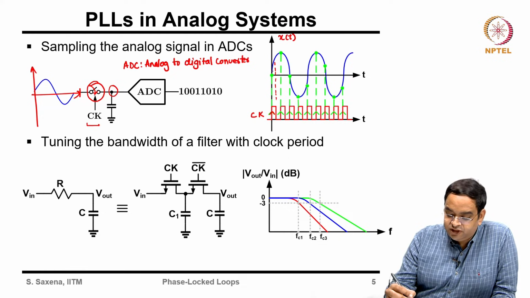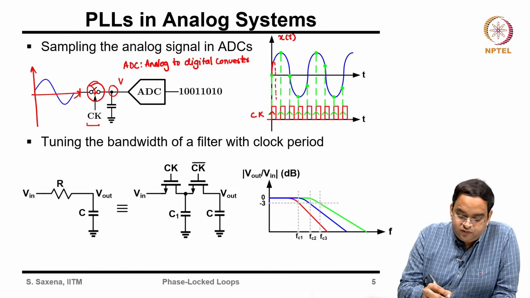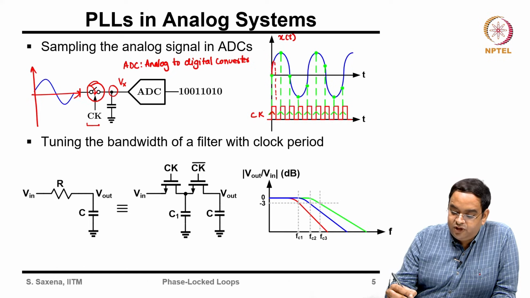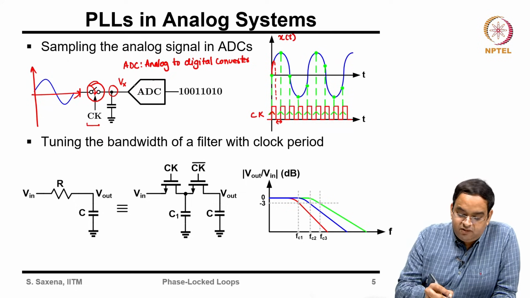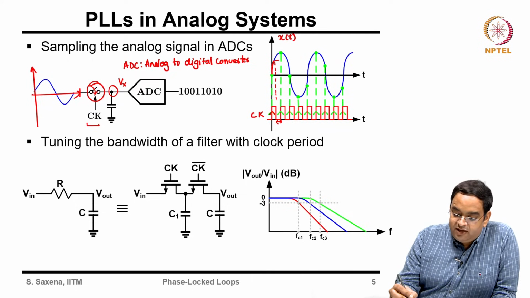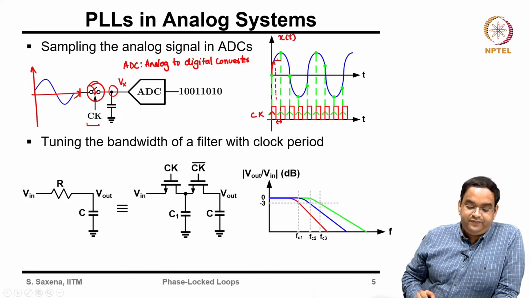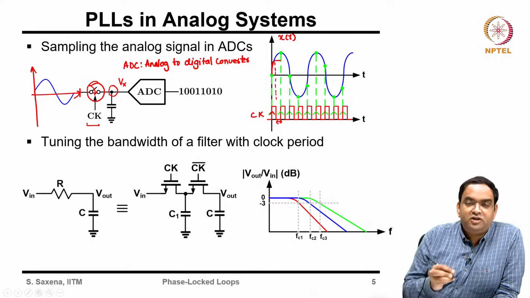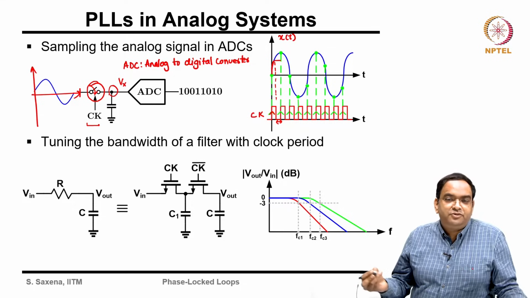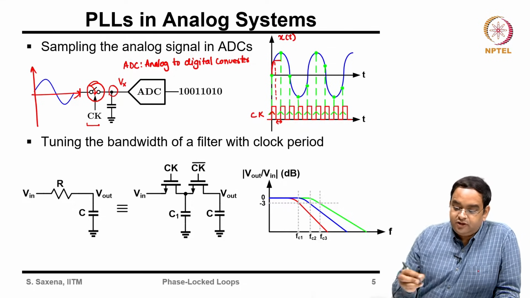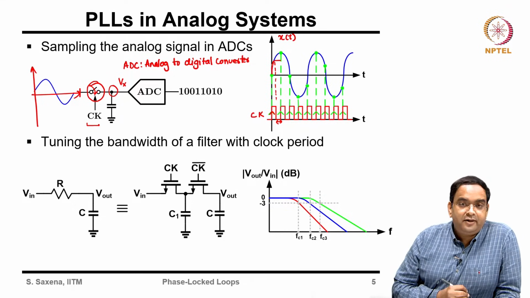When the switch closes, you have your output here, which is voltage Vx. This voltage is going to be the same, and then when the switch opens, when the clock is low, at that time whatever value you have, that value is held. A capacitor, you have some voltage on the capacitor, you leave the capacitor open. Ideally the capacitor is not going to lose any charge. So, that voltage is held.